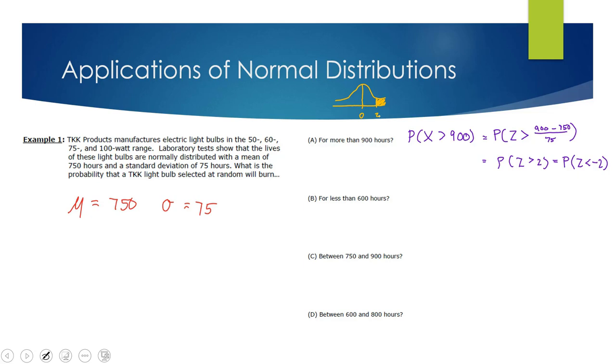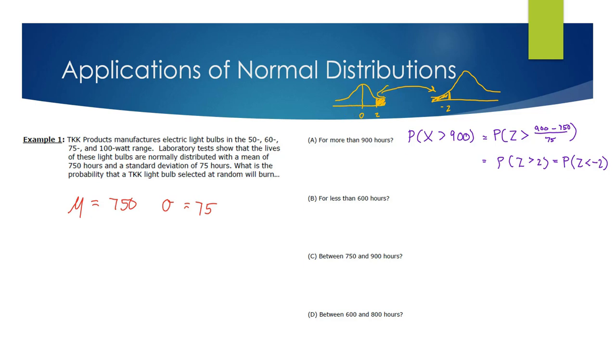Meanwhile, if we look at the right spot of the table at -2, I'll have this area. These areas should be the same thing. That's what I'm noticing here because of the symmetry. Being more than 2 should be the same area as having z less than -2.